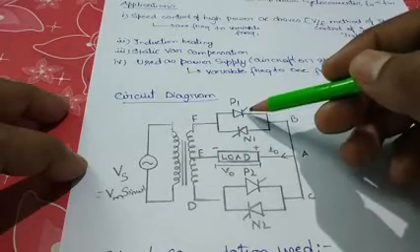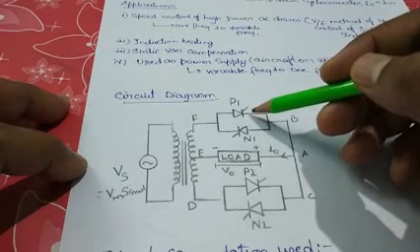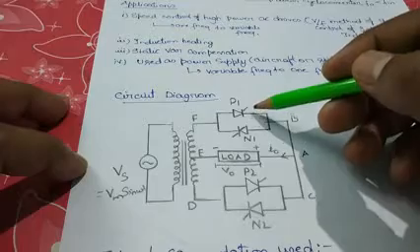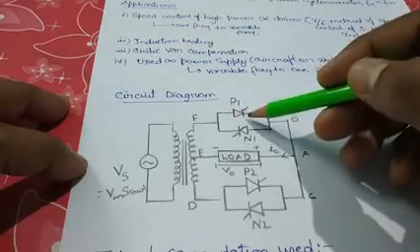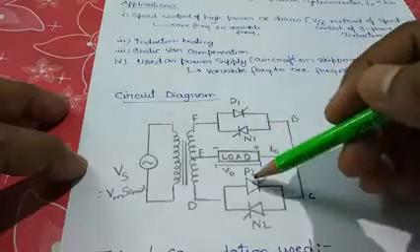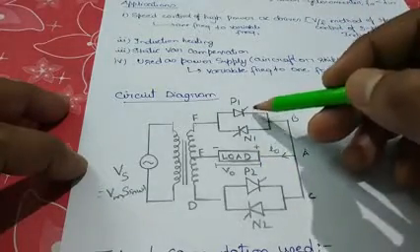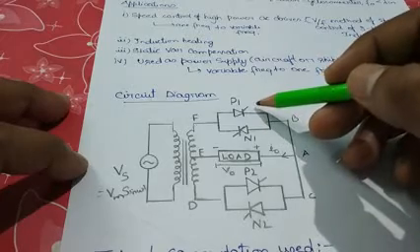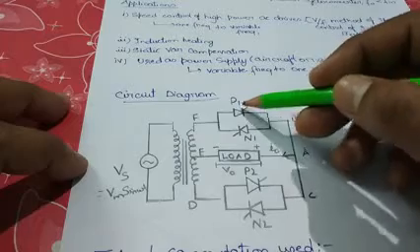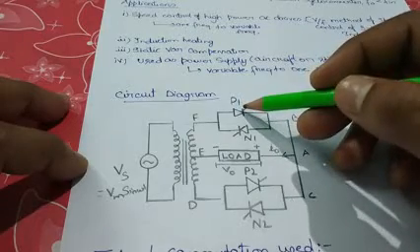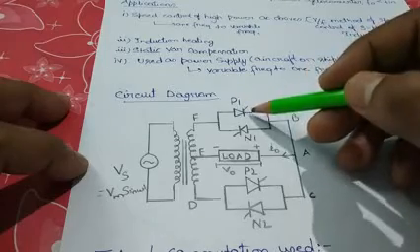Means there will be a circuit here that will come into existence when we need to turn off this thyristor. Okay, similarly for these 3 thyristors also. So in forced commutation we need some circuit that will forcibly commutate the thyristor. Forcibly commutate means they will create conditions for turning off.